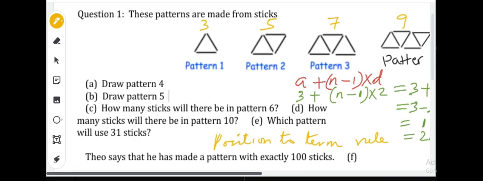Now this other question says, D, how many sticks would there be in pattern 10? We'll do the same thing.